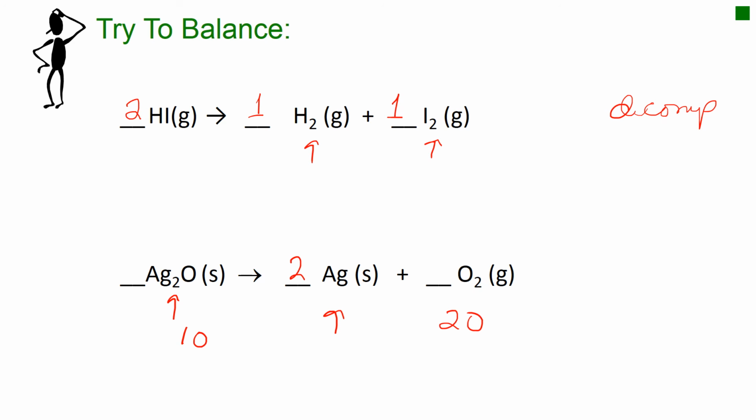And the only way that I can fix that is to put a coefficient. I can never change the subscript. So that gives me my 2 oxygens now, but it also gives me 4 silvers. So my oxygens check out, but 2 times 2 is 4 silvers, so I can cross it out and write a 4 above.